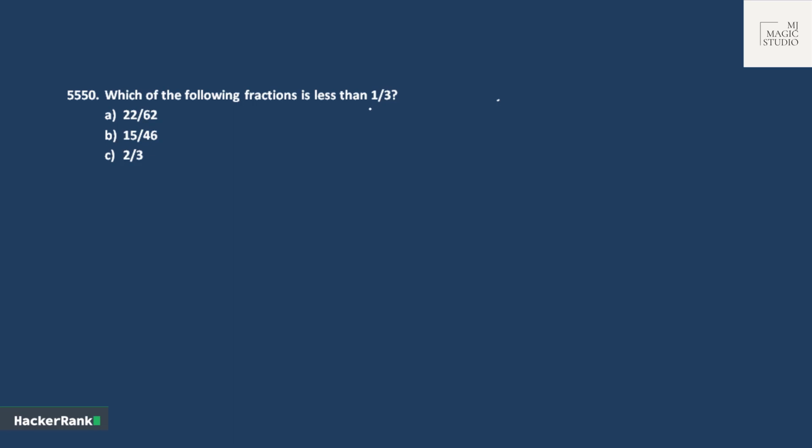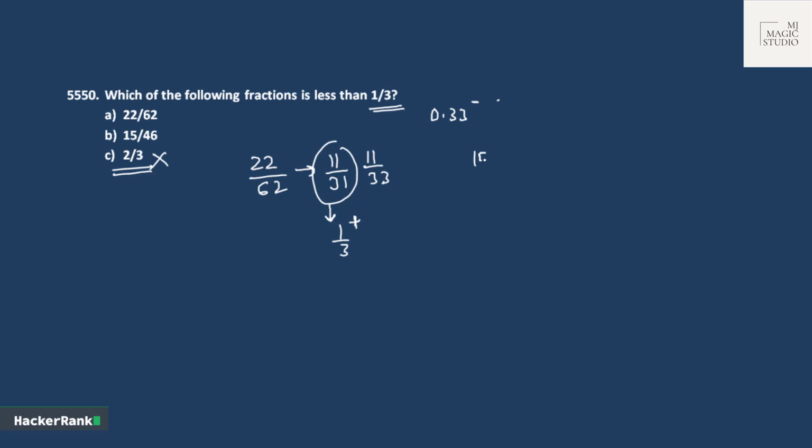Which of the following fractions is less than 1/3? 1/3 means 0.33, we are searching for less than that. 2/3 is obviously not less than 1/3, it is more than 1/3. 22 by 62, that is 11 by 31. 11 by 33 is 1/3, but this is 11 by 31, that means this value is more than 1/3. 15 by 46. 15 by 45 is 1/3, and this is 15 by 46.